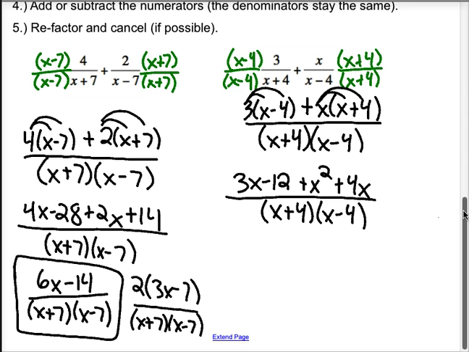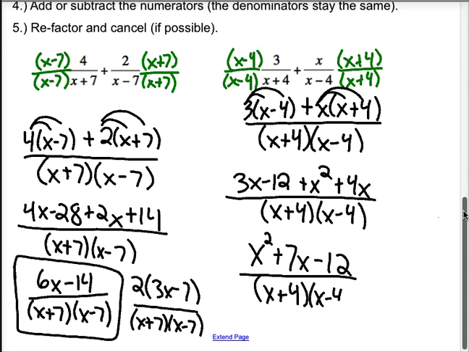All right, now let's combine like terms. Well, on top, I see x squared. Then the 3x and the 4x makes plus 7x, and then a minus 12 over x plus 4, x minus 4. All right, now we need to see if we can refactor that.